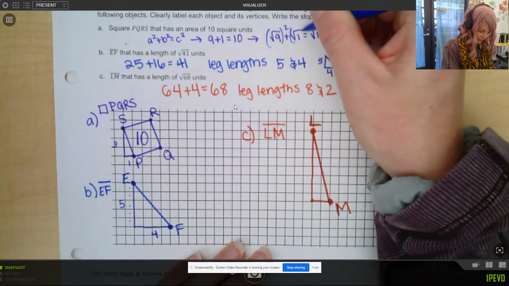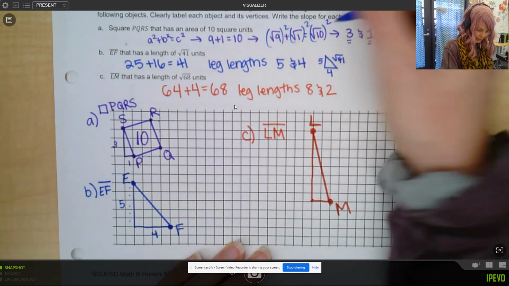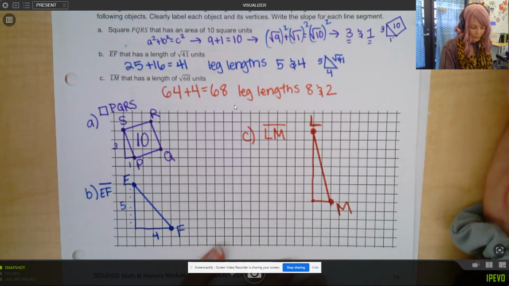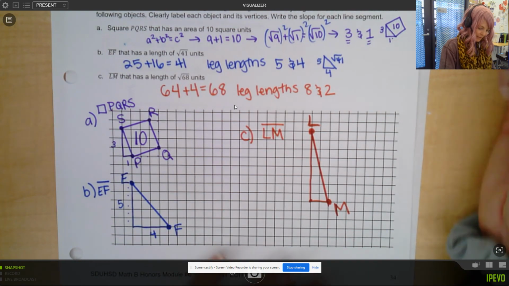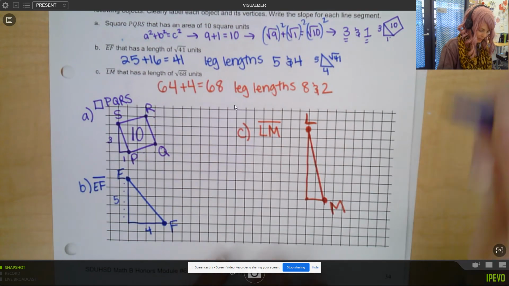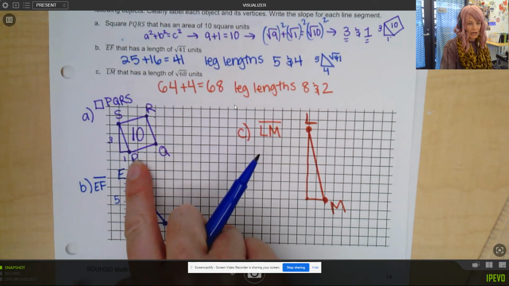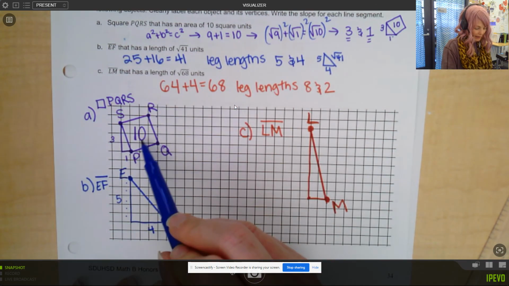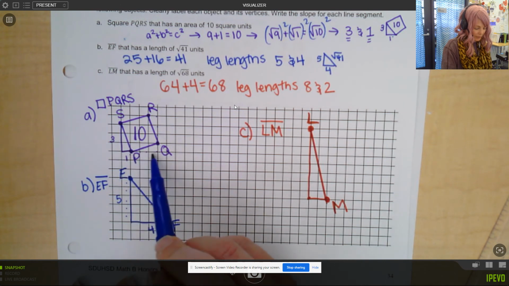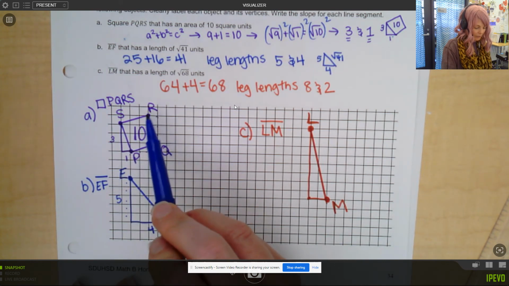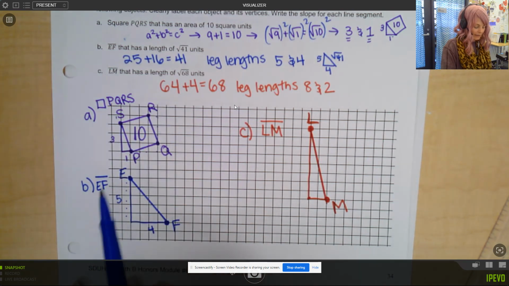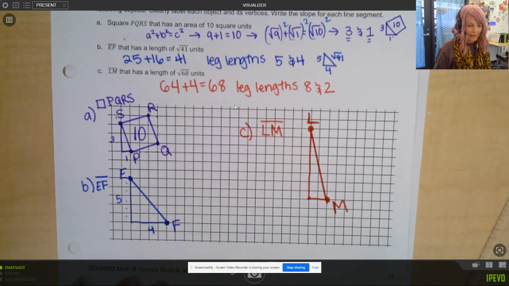So we know that our leg lengths are 3 and 1 to get that 10. So for here, I had 3 and 1, and then I used the slopes: over 3 up 1, up 3 over 1, over 3 down 1, and labeled my vertices P, Q, R, S with 10 labeled in the middle.